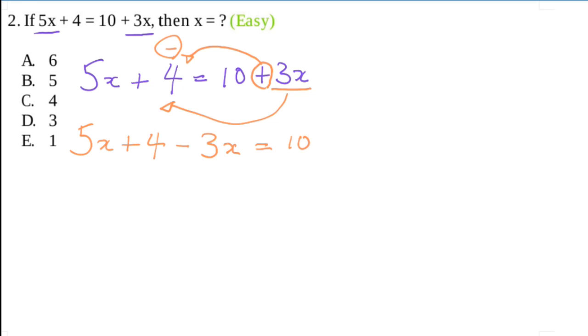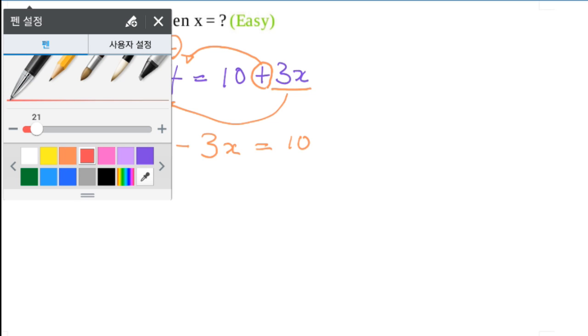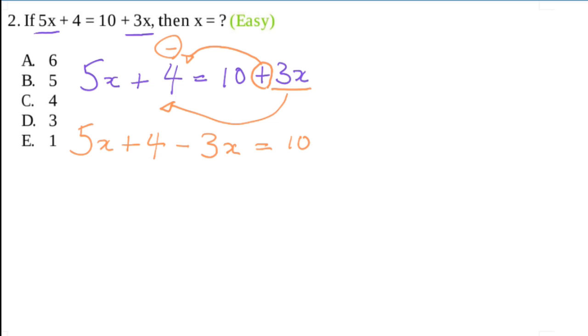We're not done yet. We have to move the constant, which is 4, to the right side of the equation. Just like before, 4 is a positive or plus 4, so when it moves to the right side of the equation, it becomes a negative.